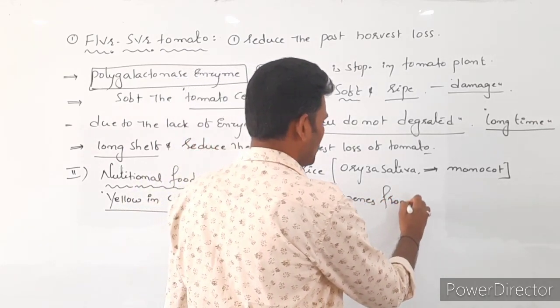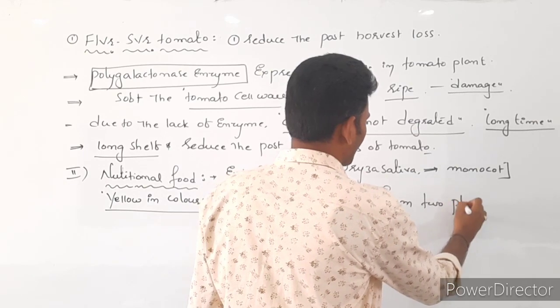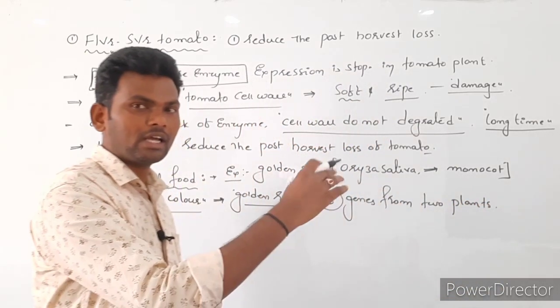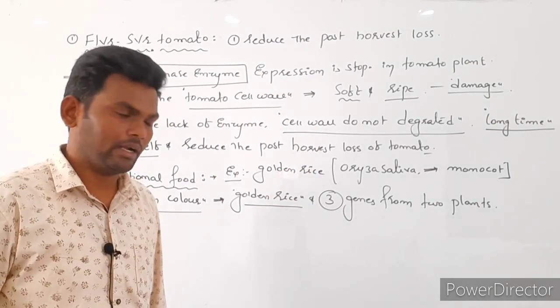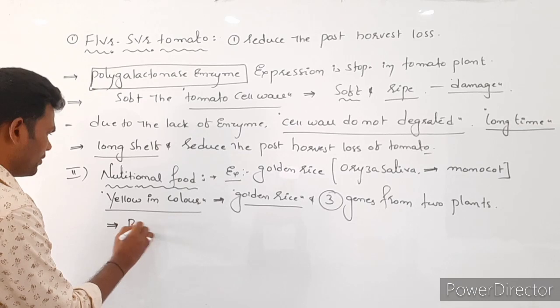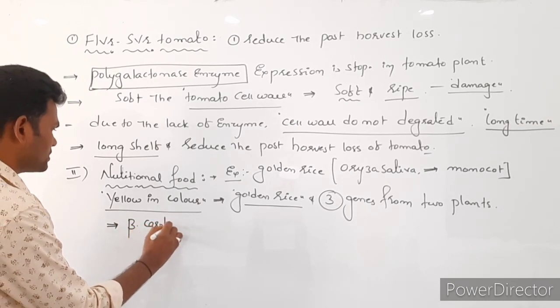from two plants were isolated and inserted into the rice plant. These genes are responsible for beta carotenoids.